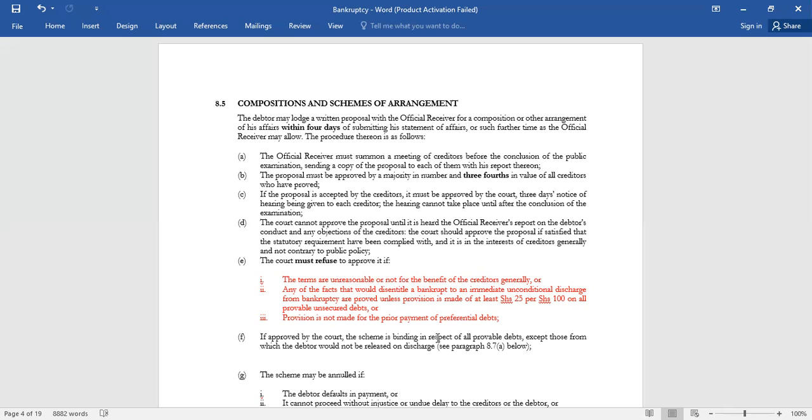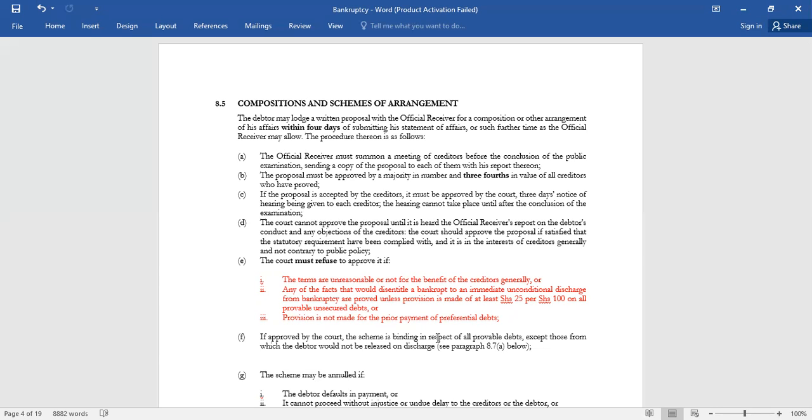In other words, we are saying in the scheme of arrangement, the debtor should show cause and ability to pay at least 25 shillings for every 100 held. So kama niko na deni yako ya 1000, lazima uonyeshane at least it can be proved you can pay me 250. So this is like a quarter. It should be proved beyond any reasonable doubt.